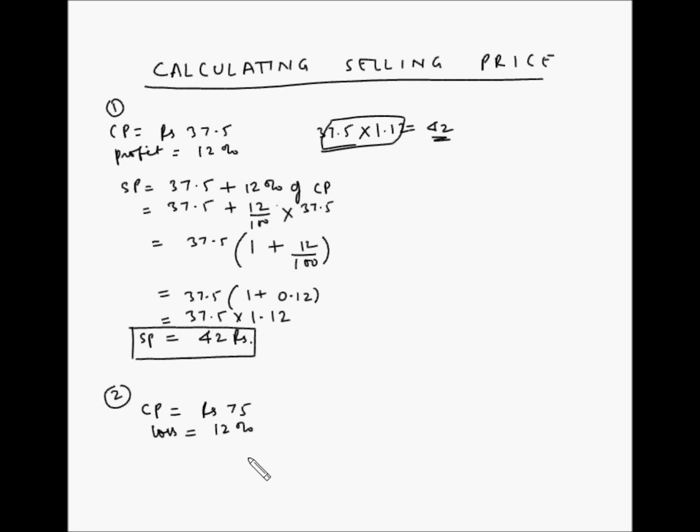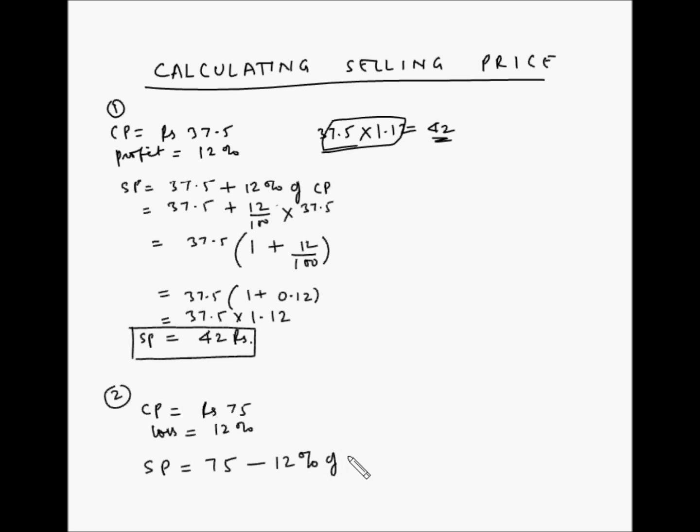Now you are trying to figure out in your mind as to what is the price at which he has sold the stock. Now we know that the profit or loss percent is always expressed in terms of the cost price. So the selling price will be equal to 75, which is the cost price, minus, because he made a loss, so definitely his selling price is lesser than his cost price, 12% of the cost price.